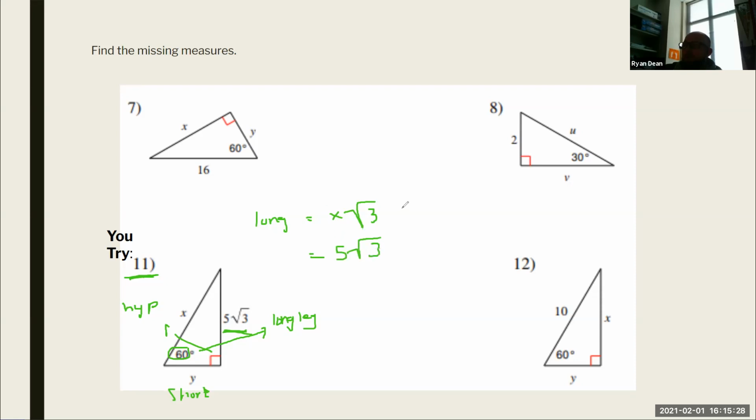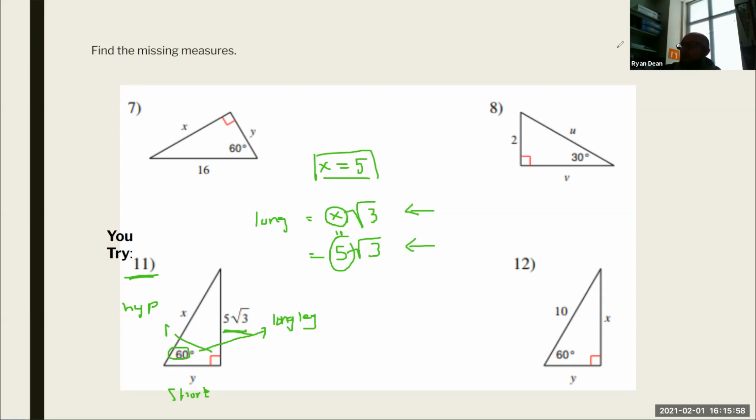Between this top line and this other line, what changed? That's right, the only thing that changed was the x turning into a 5. So we can say that our x, in this case, is equal to 5. Sometimes it's easy like this, sometimes it's not, but in this case, it was a nice example for us.